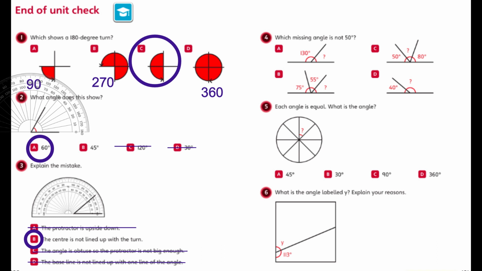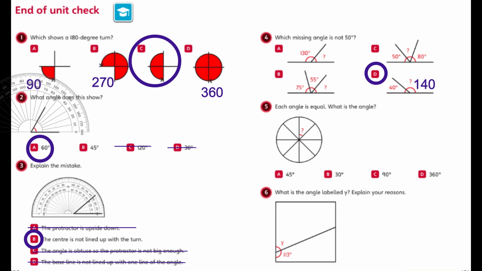That leaves us with D. We have a 40-degree angle and then the blank. Well, that blank is 140, so that they total 180 altogether. Another big clue here was that for D, the missing angle was obtuse, so it couldn't be 50 degrees. So even without calculating, you could have used your logic and reasoned that that missing angle can't be 50 anyway.